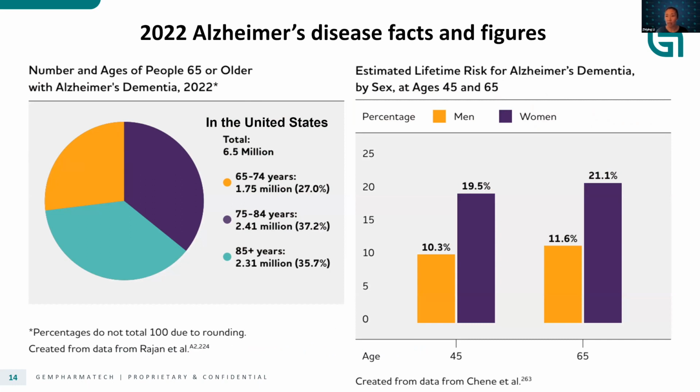As our population is enjoying the health benefit of better healthcare, our aging population is also increasing. And as we have known by now, Alzheimer's is an age-related disease. So the older the patient, the more likely we may have Alzheimer's disease. So millions of people are suffering from it.